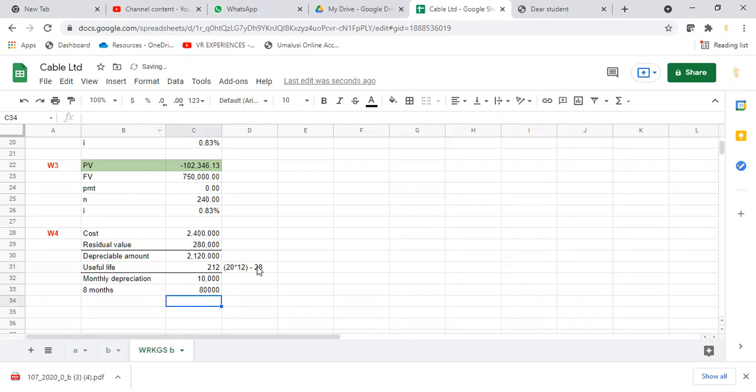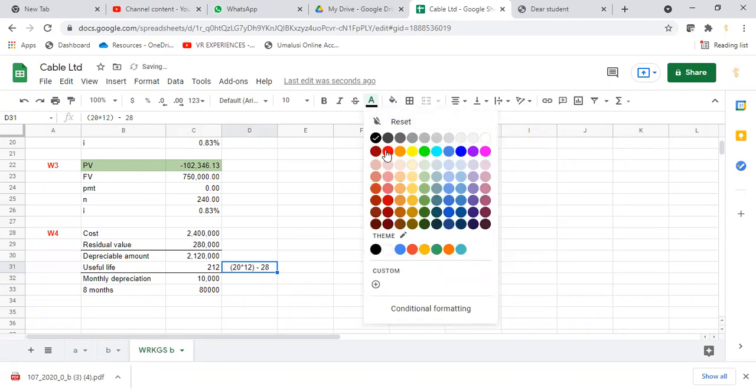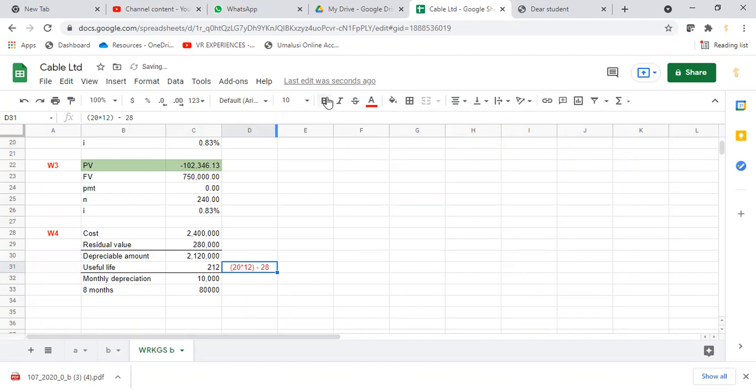Okay, so just take note. It wasn't 100% clear to me, but I guess you have to make a call. So what I'm assuming is that 20 years is the 20 years as from 1 March 2016. So we have the property as PPE from 30th June 2018, and therefore the remaining useful life is the full 20 years minus the 2 years and 4 months that have already passed.